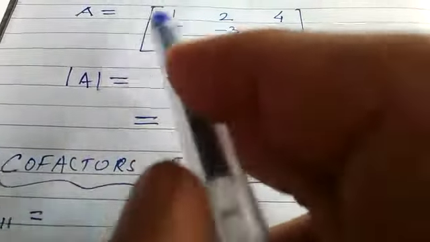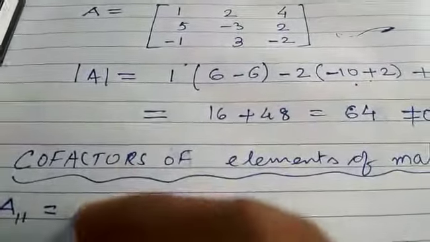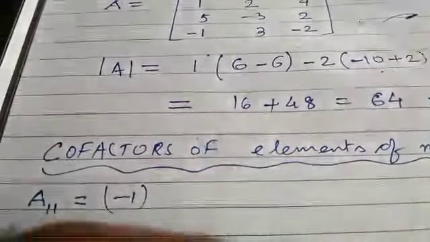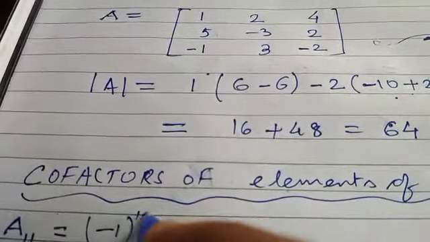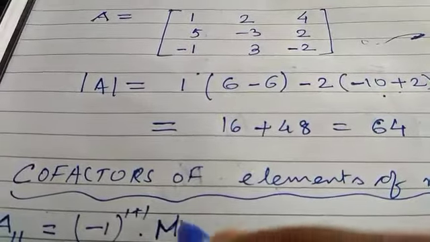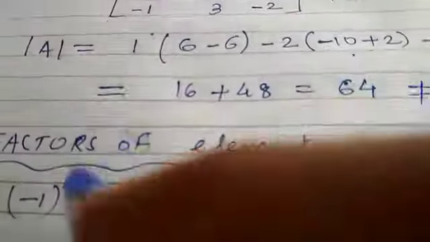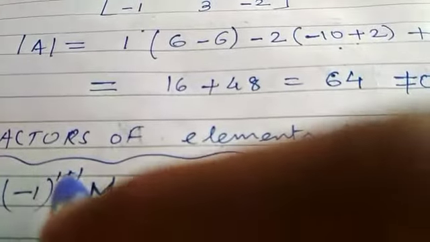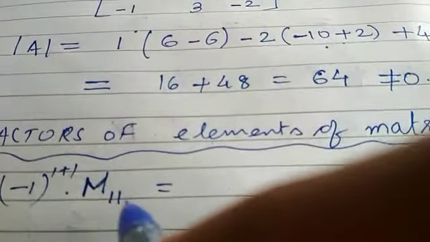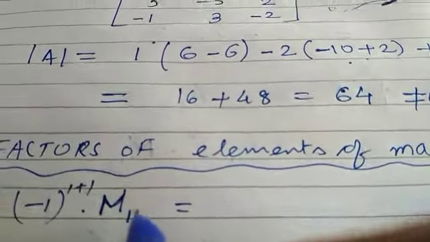The cofactor A11 of element 1, that is first row first column, is defined to be equal to minus 1 to the power i plus j, that is 1 plus 1, into its corresponding minor M11. Now what is M11? Minus 1 to the power 1 plus 1 will be plus 1 only, and minor is nothing but determinant, which is obtained by hiding first row first column.